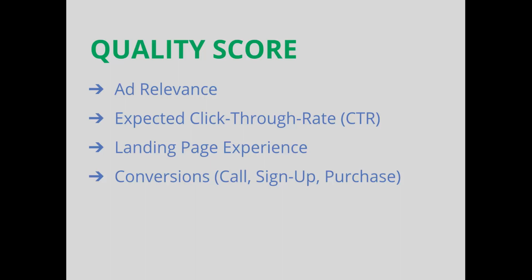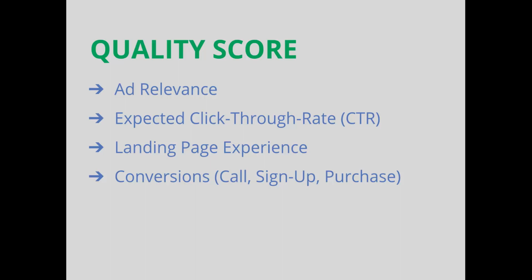Now, the other good thing about Google AdWords is that they give you a quality score and assign it to all the keywords on your account. The three main factors are the first three bullets here, and those are ad relevance, expected click-through rate, and landing page experience. The quality score itself is a number out of 10, 1 through 10.